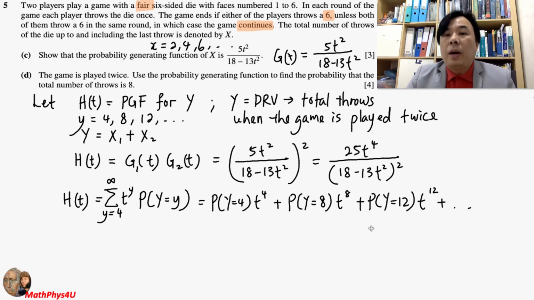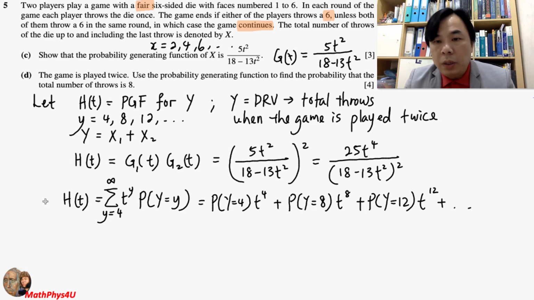Right. So if we are able to expand our probability generating functions in this form in terms of polynomial, therefore we will be able to identify the coefficients for that t^8, which represent the probability of total numbers of throws equal to 8 here.